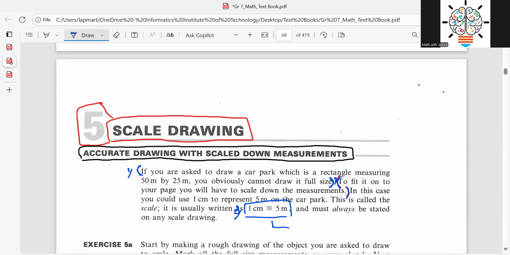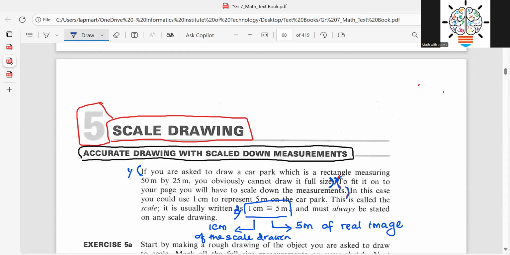What does this mean? 5 meter of the real picture, the real image, and 1 centimeter of the scale drawing.